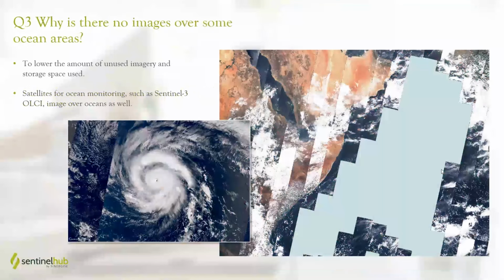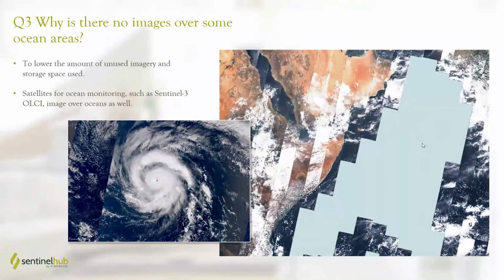Question number 3, why are there no images over some ocean areas? As you can see on this image on the right, areas over ocean do not have imagery for certain satellites, for example, Sentinel-2. This is deliberate because satellites that are genuinely meant for land monitoring do not take images very far away from land.